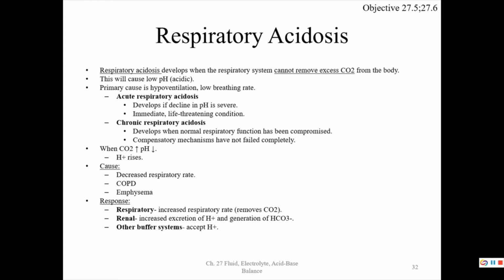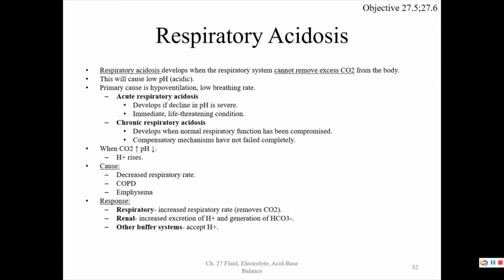Let's say they were in a car wreck and damaged a phrenic nerve. That might cause an immediate life-threatening condition where it's extremely quick. Chronic is where normal respiratory function has been compromised. This might be like COPD, emphysema, things like that.